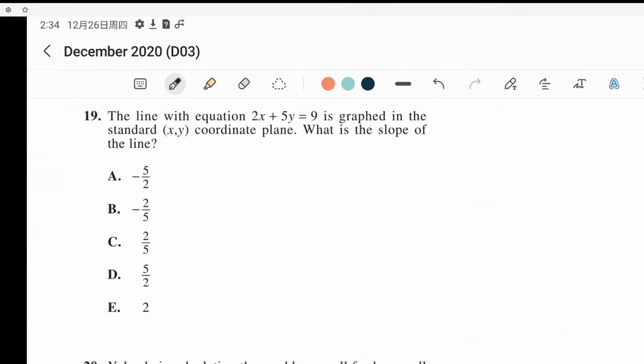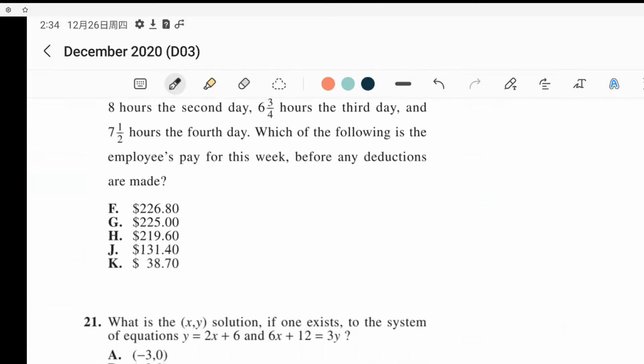I don't quite see any problems that look challenging yet.